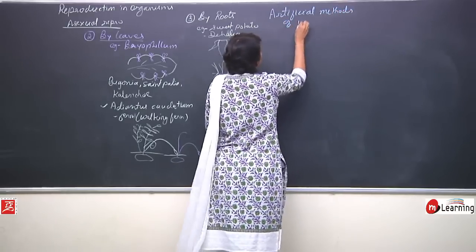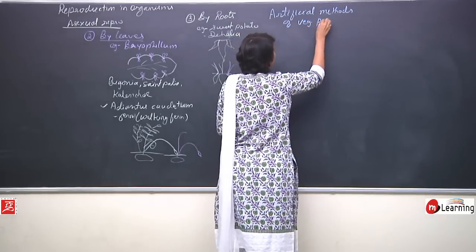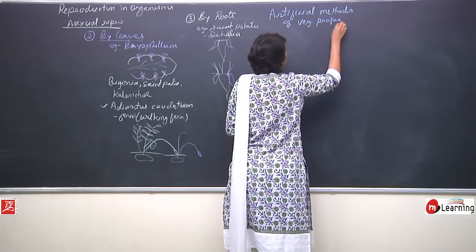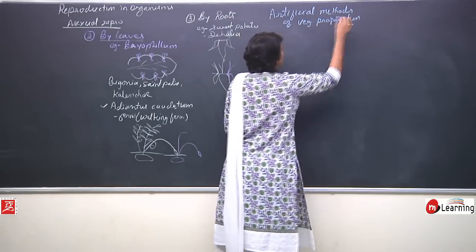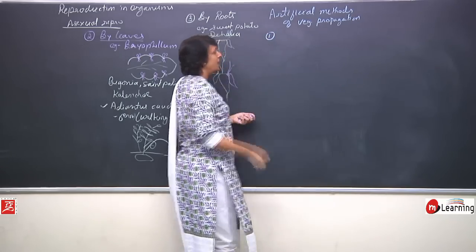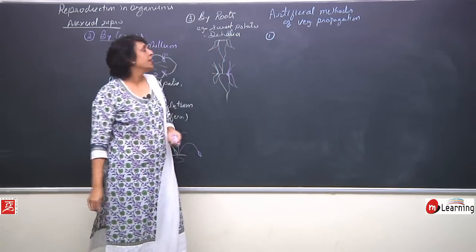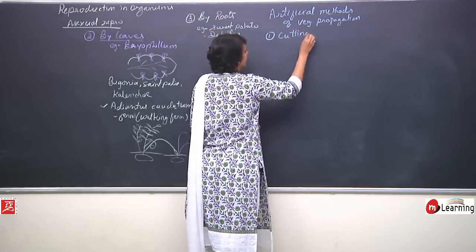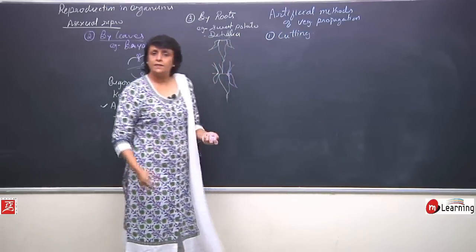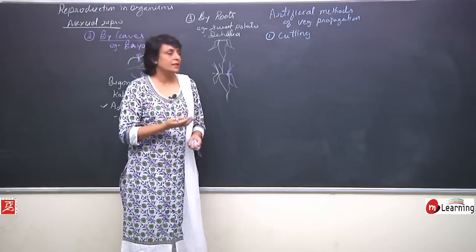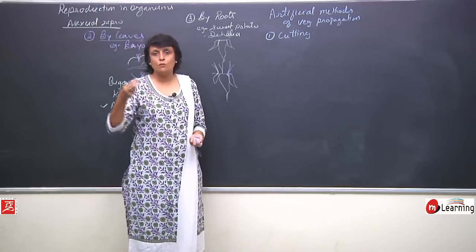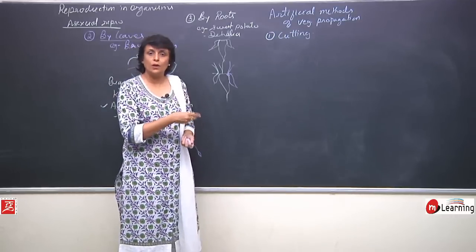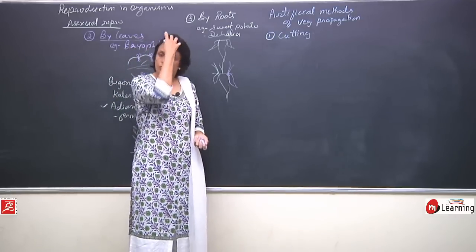Artificial methods of vegetative propagation. The first and the most simple one is cutting. It's a very simple method. You just cut this branch or stem piece of one plant, put it in the soil, and that will give rise to a new plant.